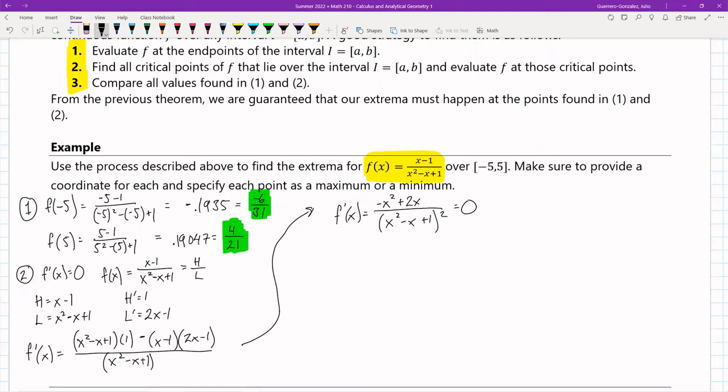The first thing I'm going to do is determine where this thing is undefined. That means maybe we might divide by 0 here. So f prime undefined first, let's go ahead and find those first.